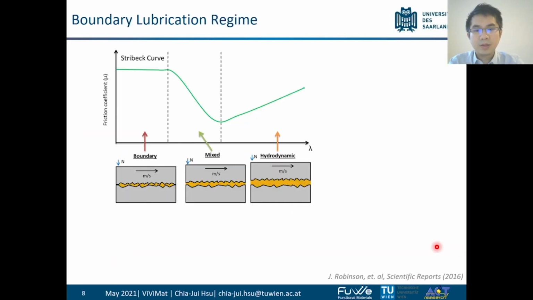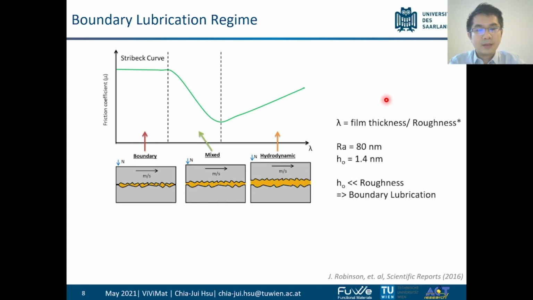When making frictional tests, we have to determine the lubrication condition, by using the Stribeck curve and also calculating with the Dowson-Hamrock formula.